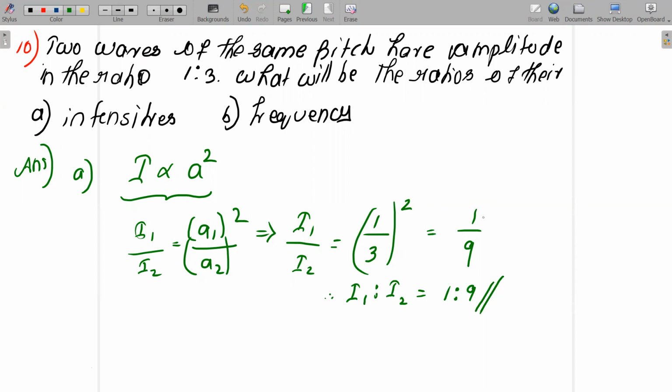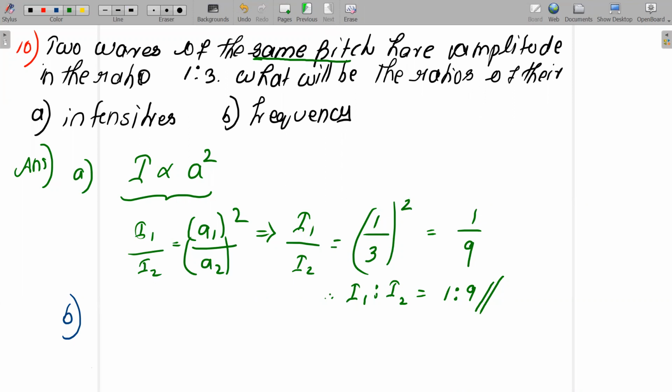Now, what is the ratio between frequency? Children, two waves of same pitch. Same pitch means frequency will be same. Pitch is nothing but frequency, right? 8th standard sound chapter, 9th standard, 10th standard sound chapter.